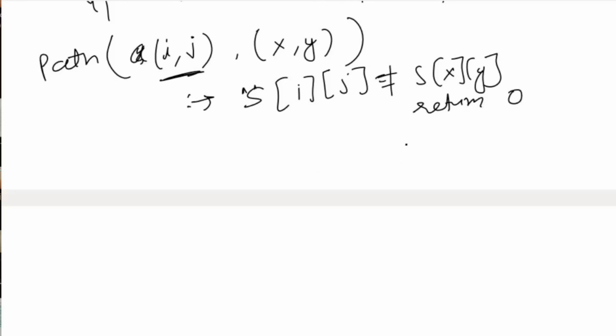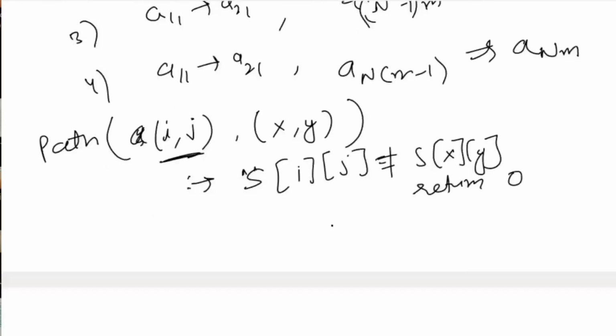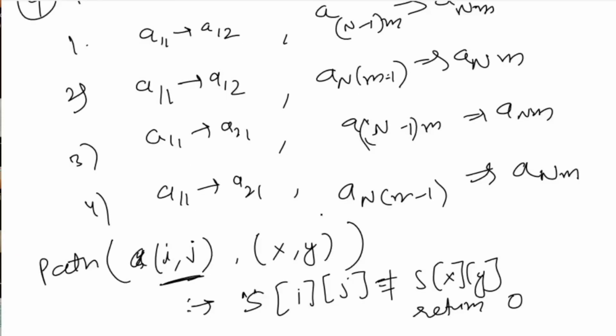Okay, so now we'll move to the second case, that is when they are equal. So when they are equal, you can move from I comma j to I comma j plus 1, and then similarly reach x comma y from x minus 1 comma y. Okay, so there will be 4 cases like this.